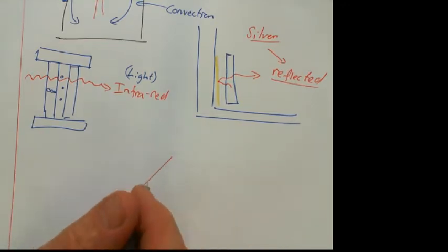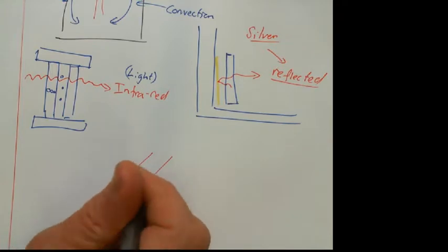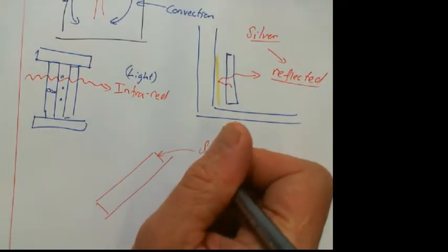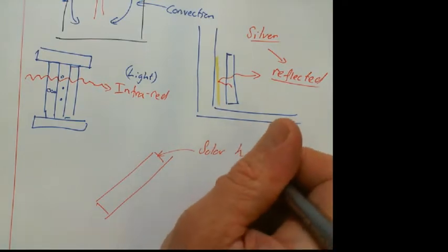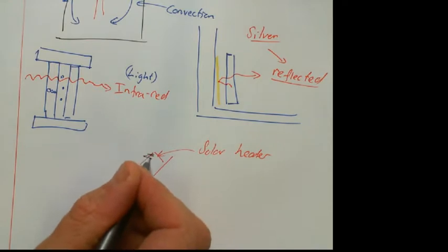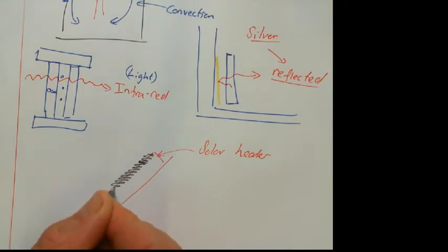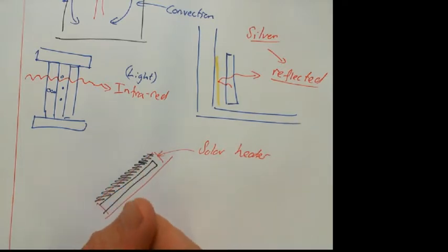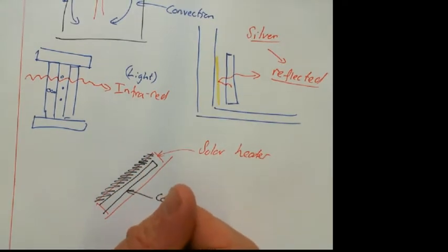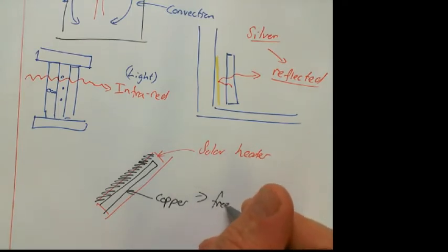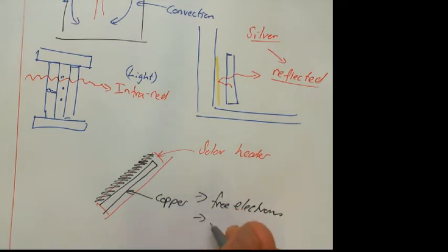Now, there are two types of solar panels. One type of solar panel is a solar heater. And what that will be is a dark surface with some pipes on the inside. Pipes that are made out of copper because they've got free electrons, which means that they're a good conductor.